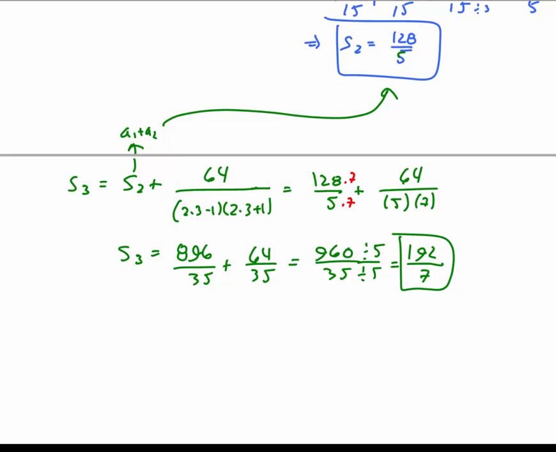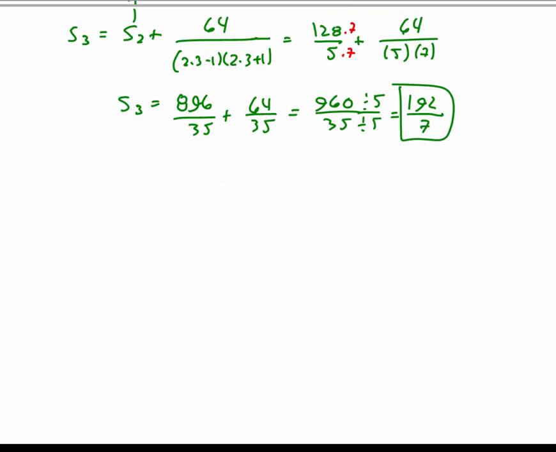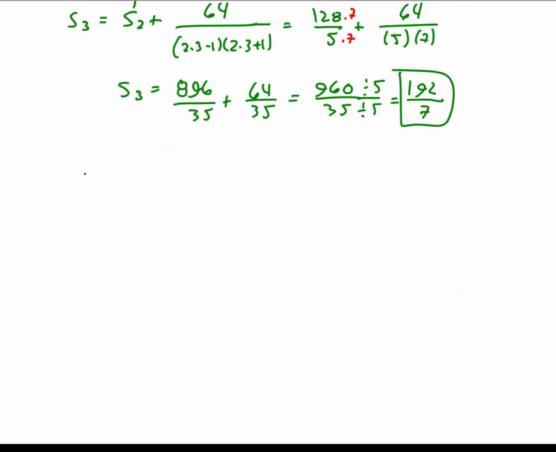So you can see that as we're working through here, I should be able to start making some predictions. So let's go ahead and look at the sequence of partial sums that we've come up with. Now you may be asked to find the sixth partial sum, then you'd have to add up all those terms. But let's see what we have for now.